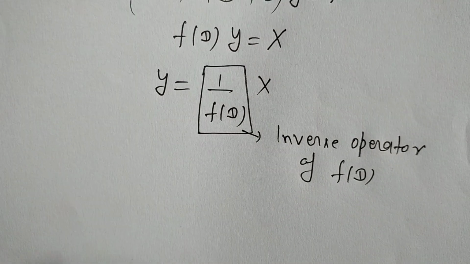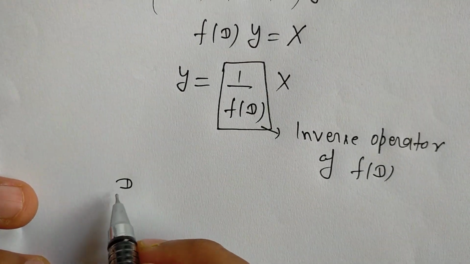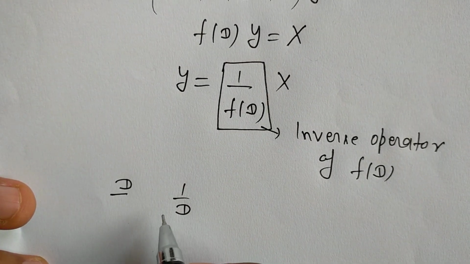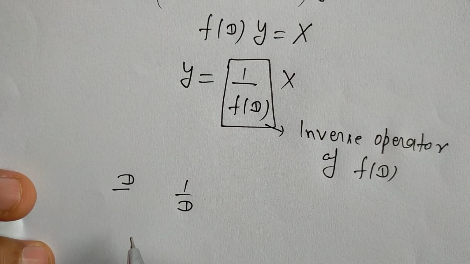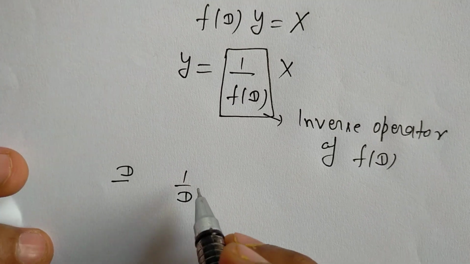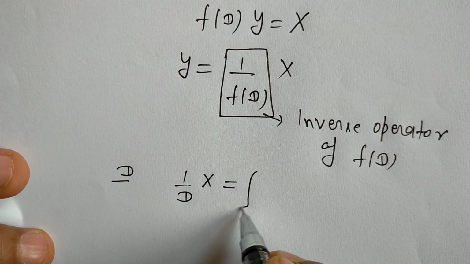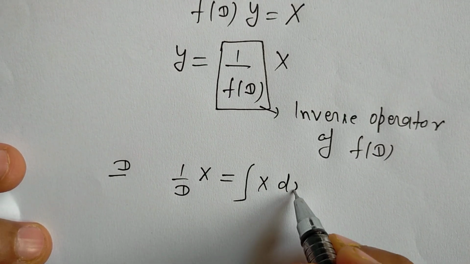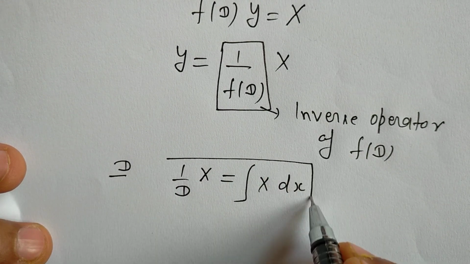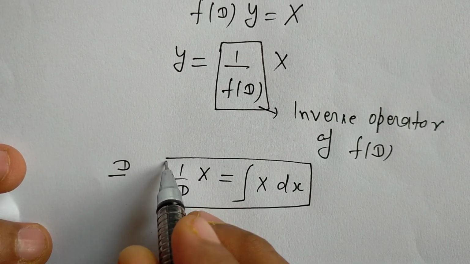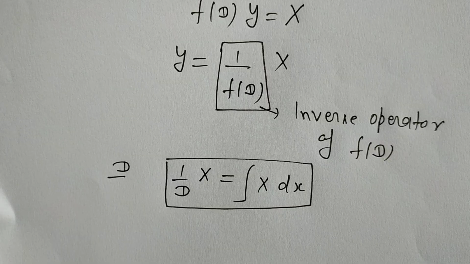Suppose D is the differential operator, so 1 by D is the inverse differential operator, that is the integral. So 1 by D of X will be the integral of X dx. So 1 by D is the inverse operator of D.